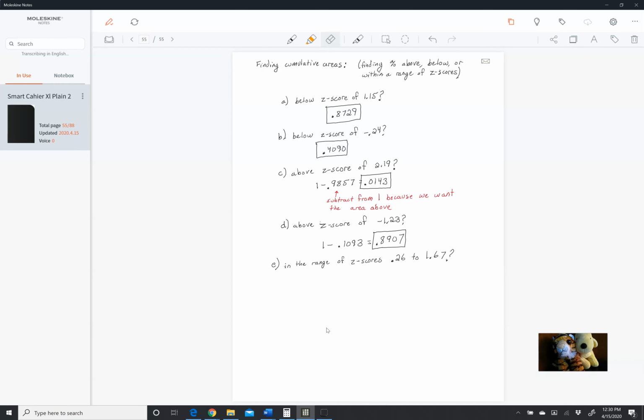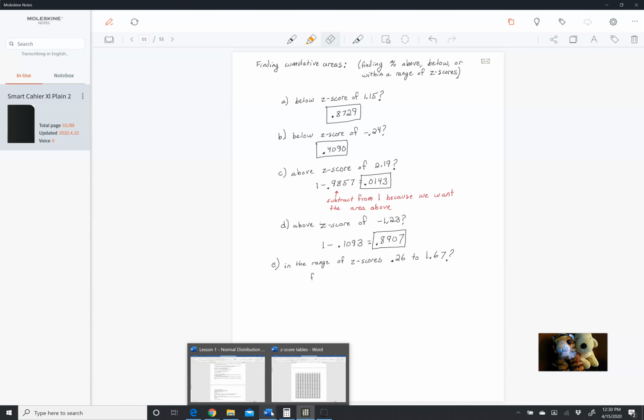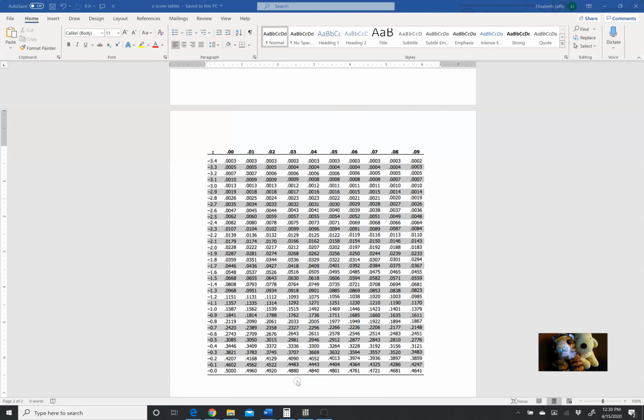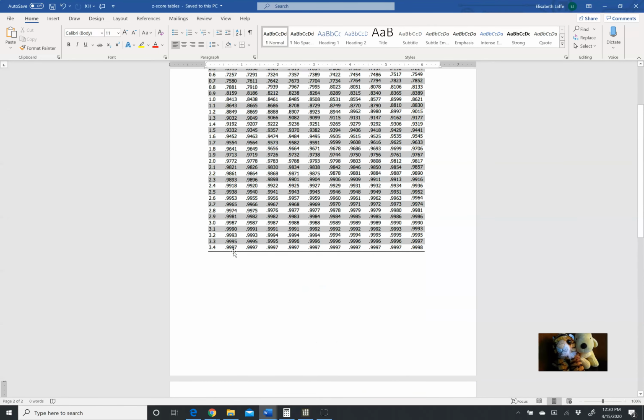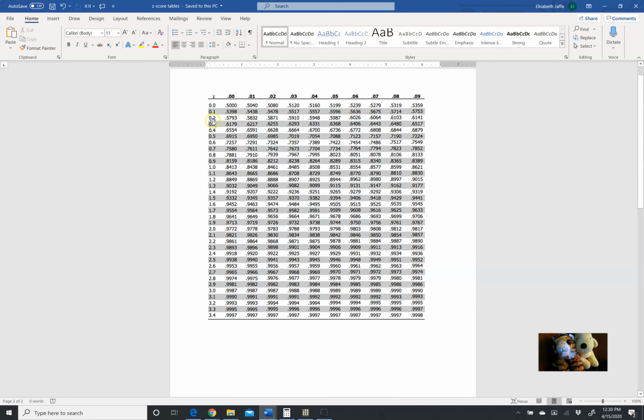Now we're going to find the one for 0.26 and then we're going to find the one for 1.67. We're given the z-scores already, so we don't have to worry about that. We're a positive, so we go to 0.26. Here's 0.2. If we go over to the 6, it's 0.6026. And the other one was 1.67. So here's 1.6. We're going to go over to the 7. And we get 0.9525.